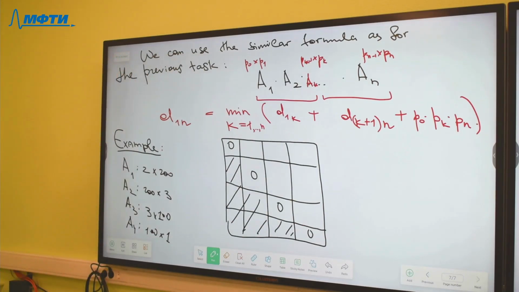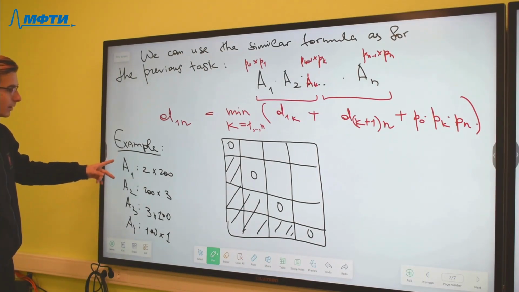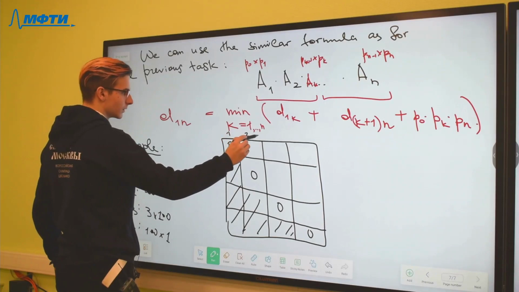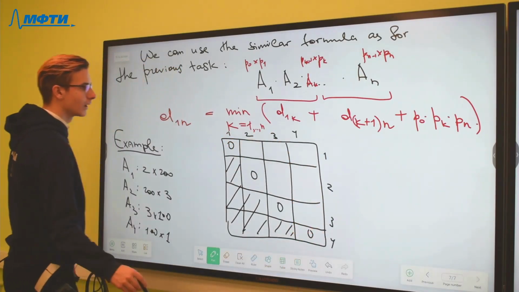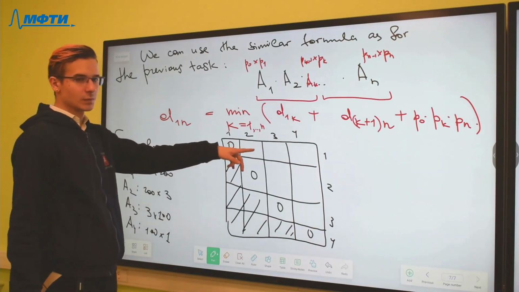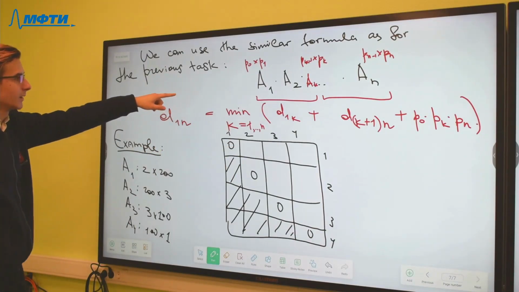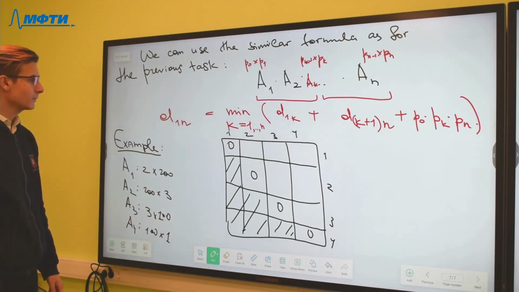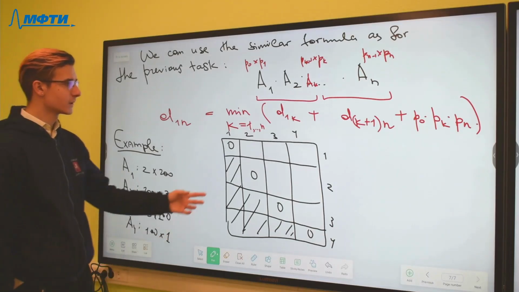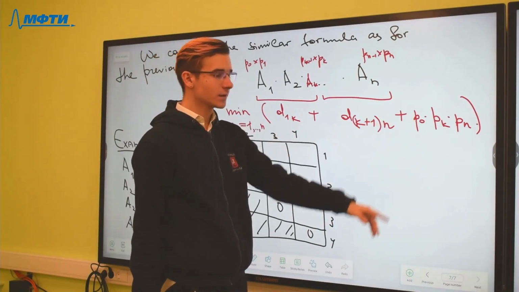Okay, so for example, here 1, 2, 3, 4, 1, 2, 3, 4. Yeah. For example, 1, 2. To find it, we see here that the only way is to divide it into two parts: D11 plus D22 plus then the multiplication.